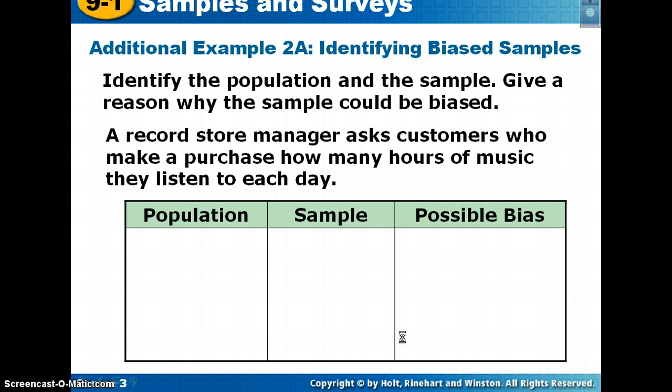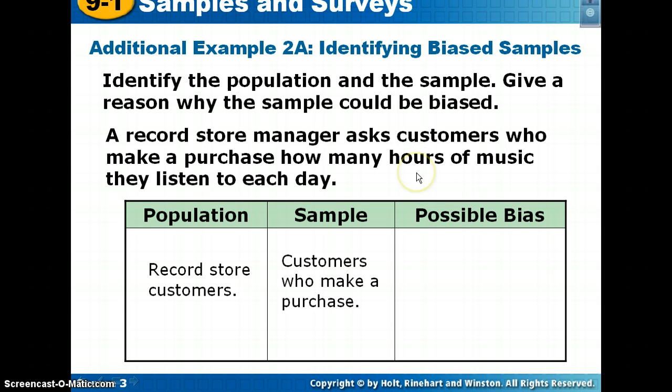All right, identify the population and the sample. Give the reason why the sample could be biased. Here's a situation. A store manager asks customers who make a purchase how many hours of music they listen to each day. The population being sampled are record store customers.